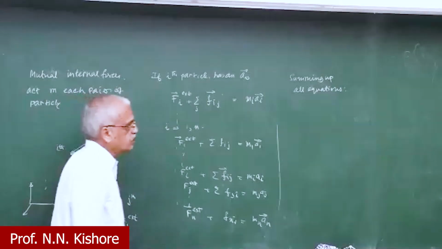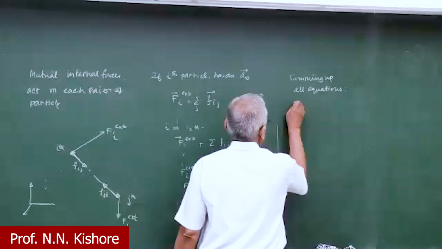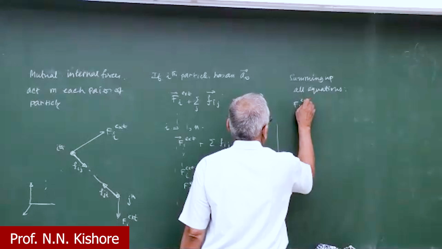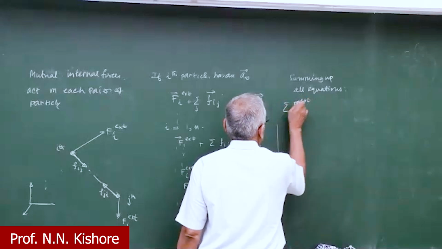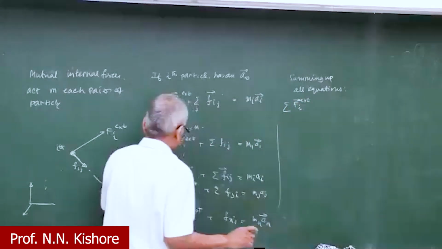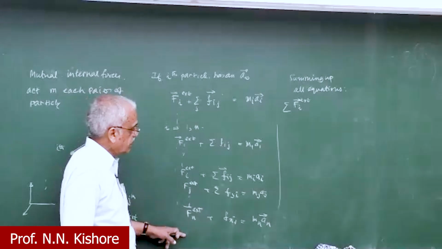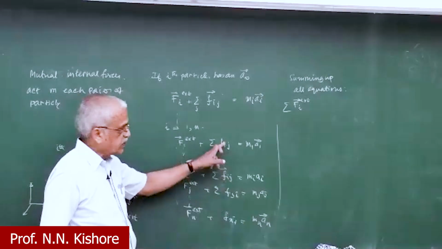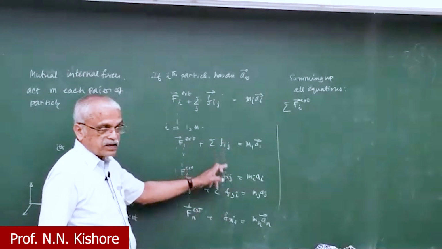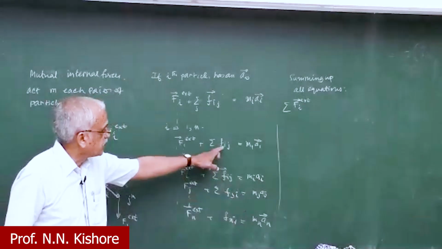Okay, so this is the interesting part here. That means that when you consider the system of particles, all external forces added up will be equal to mass times acceleration. Okay, so this is the important part here.